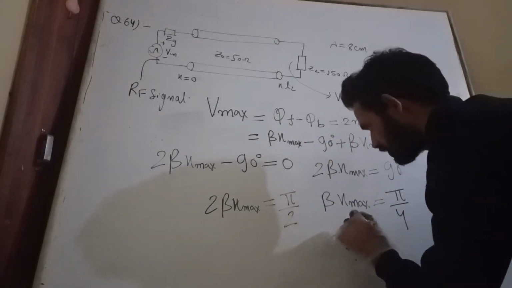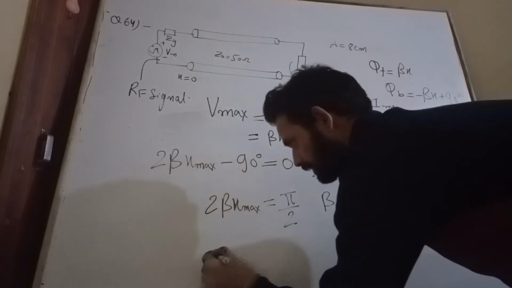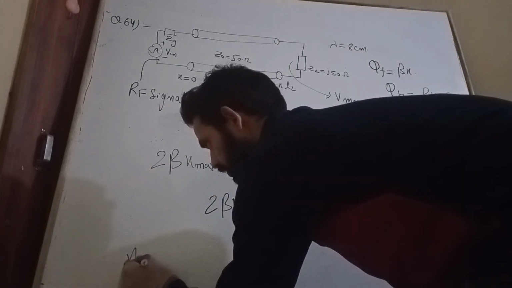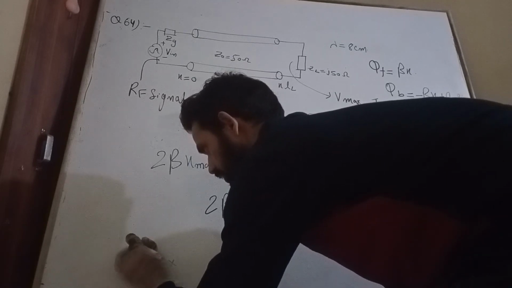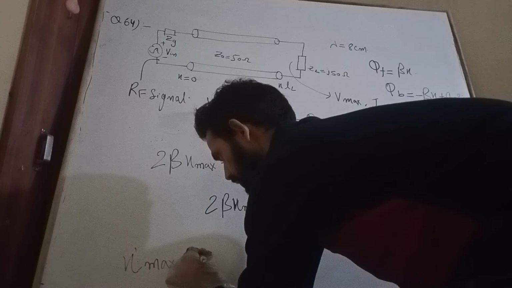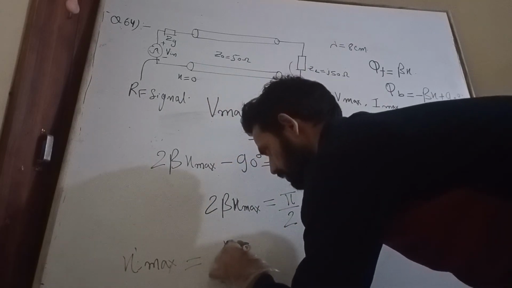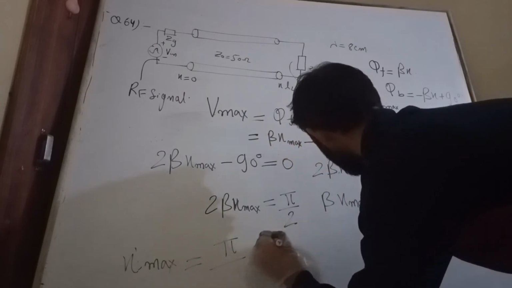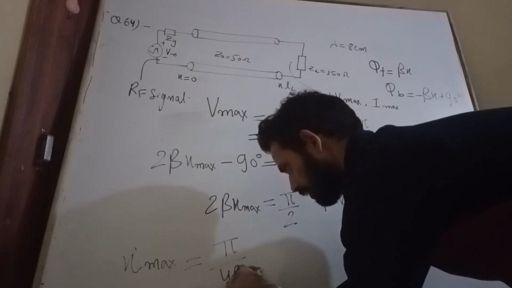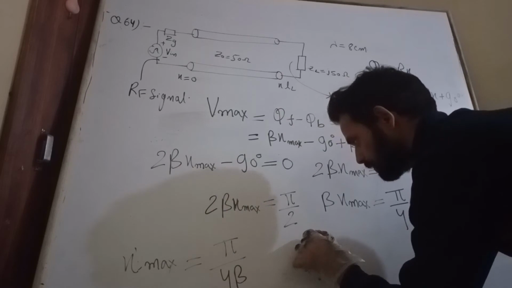So x maximum is equal to π by 4β. How much is β?